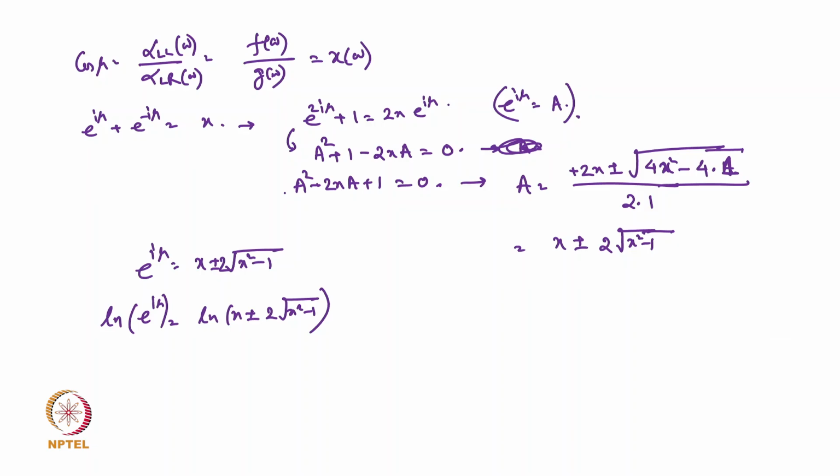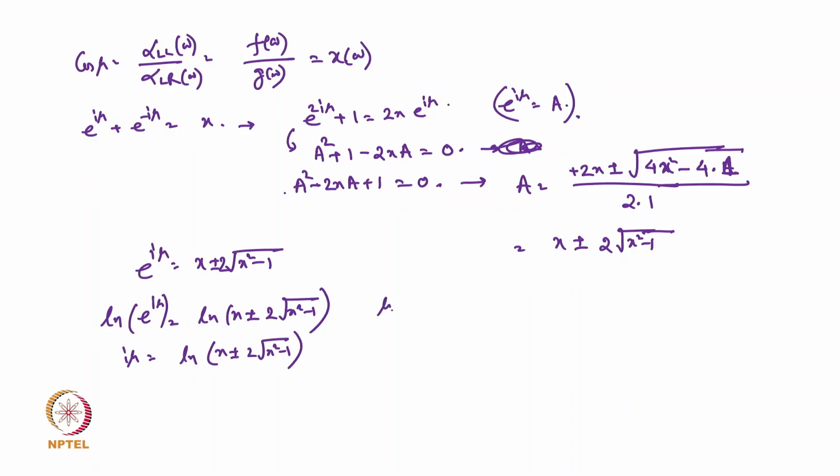So this gives me i mu, that will be nothing but ln of x plus minus root of x square minus 1.